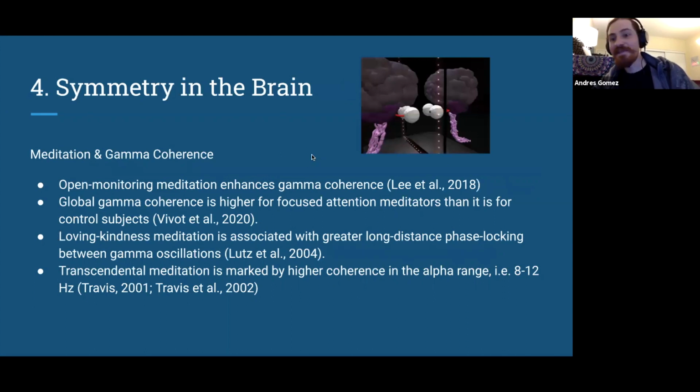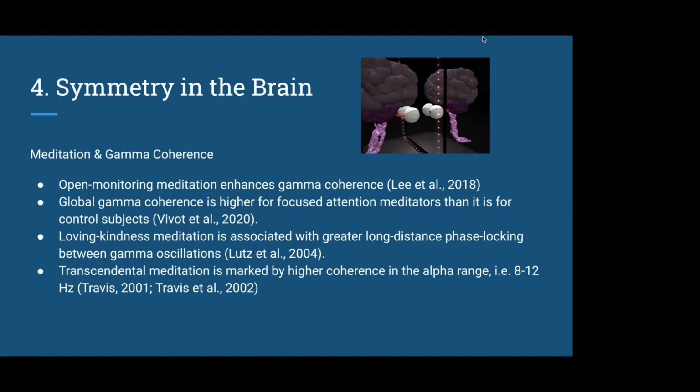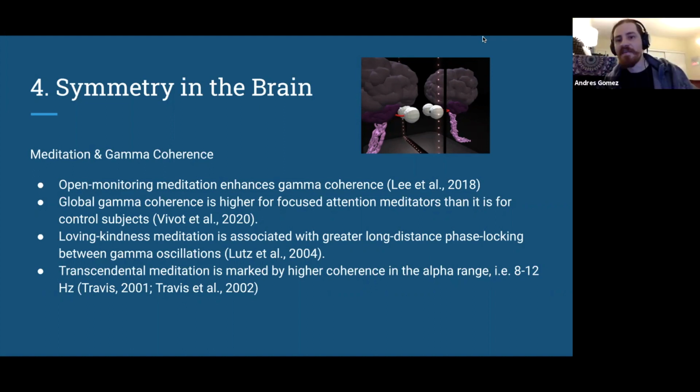Okay, let's get into symmetry in the brain. This is another projection. If you look at the central nervous system in high valence states, how does that show up? Meditation, all over the place: pretty much any kind of meditation, if done for long enough, leads to some kind of EEG coherence, whether it's gamma coherence or delta coherence or alpha coherence, which might depend from one meditation to another.